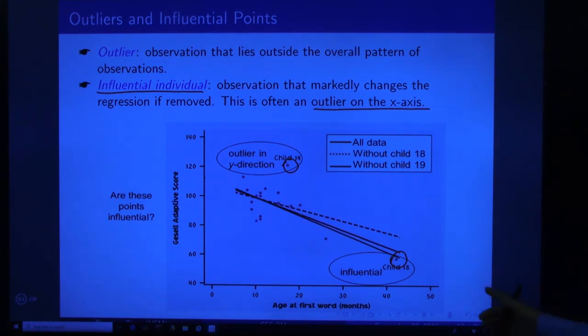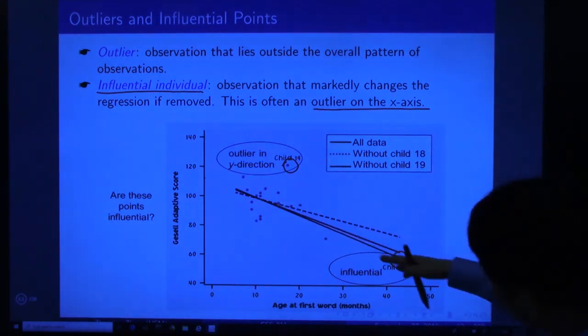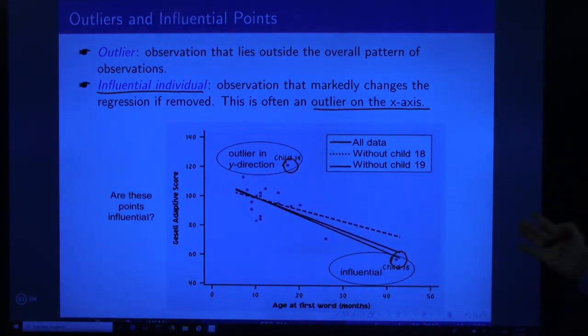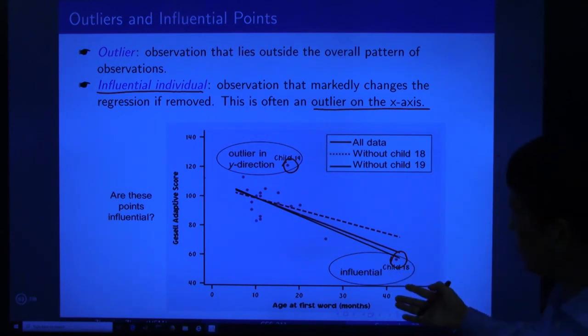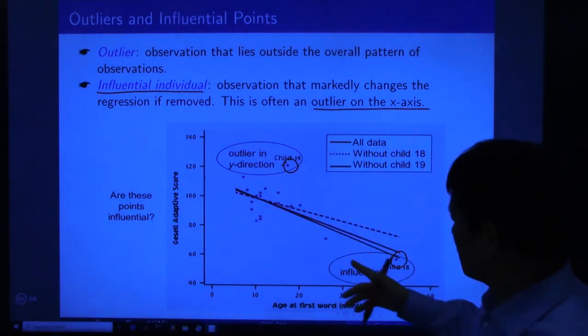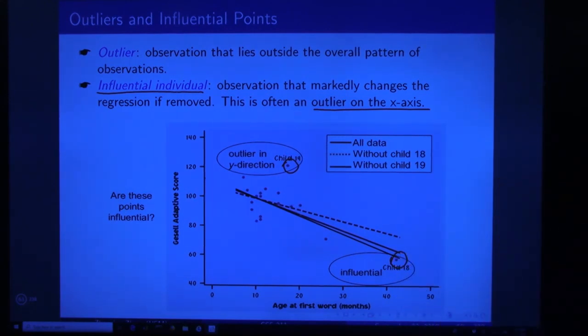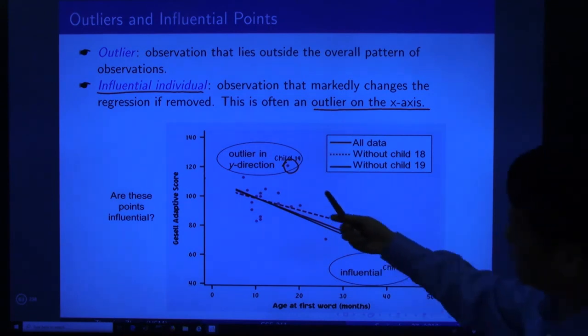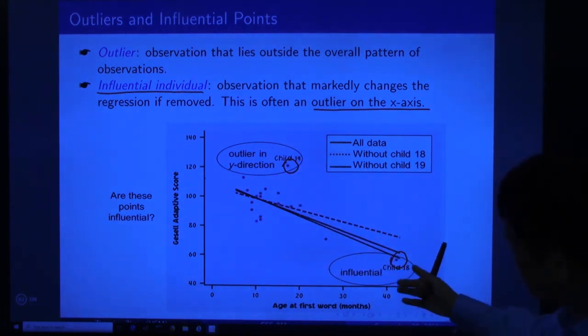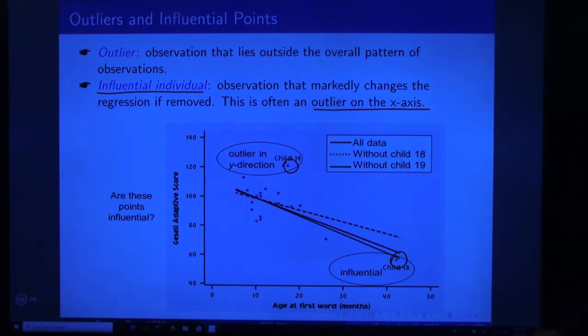You may say this one is not an outlier, it's still on the line. Yeah, looks like, but here we assume this one is an outlier. Definitely this one is, but this one, maybe not. So if I let you choose only one outlier, definitely this one. Choose two, maybe this one, maybe not.